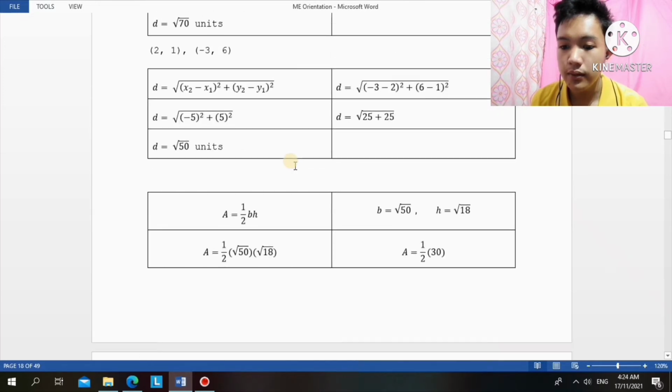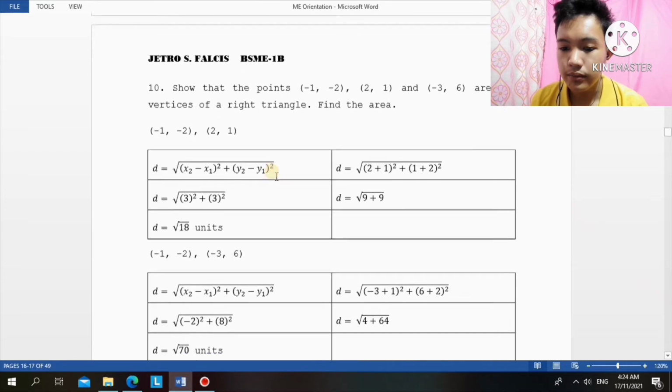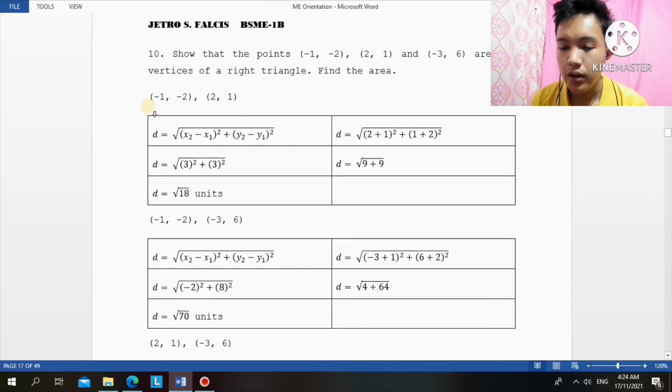So let's use the distance formula. Our x sub 1 is equal to -1, y sub 1 is equal to -2, then our x sub 2 is equal to 2, and our y sub 2 is equal to 1. So let's substitute the values.